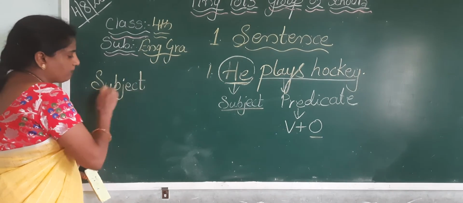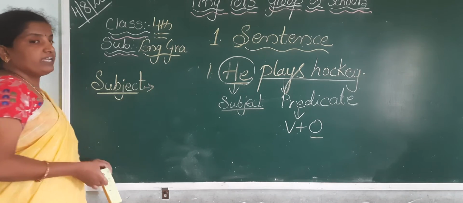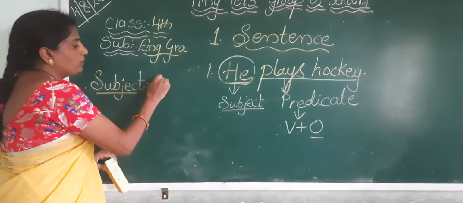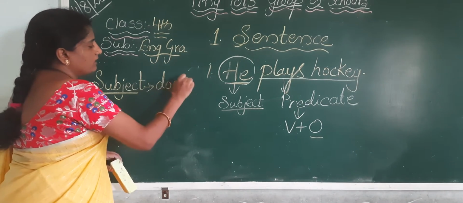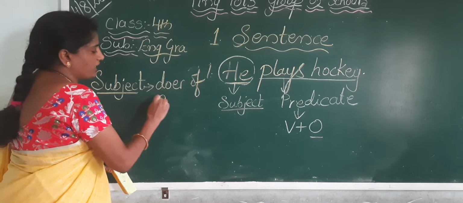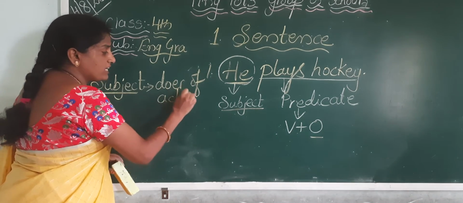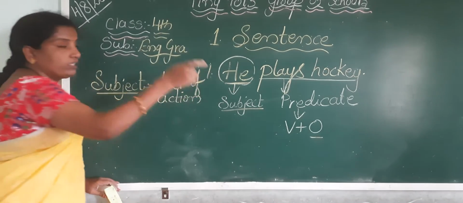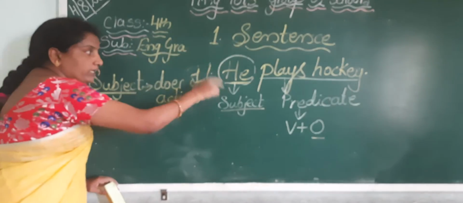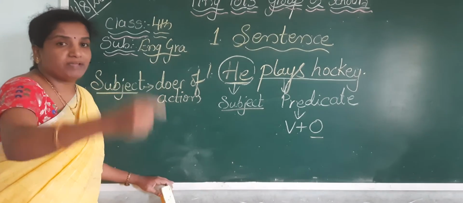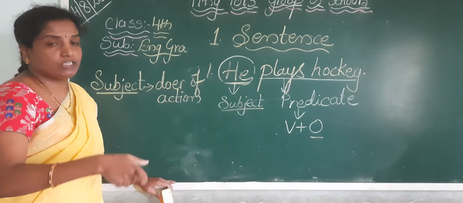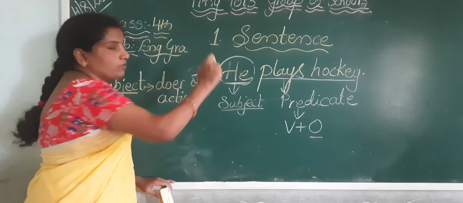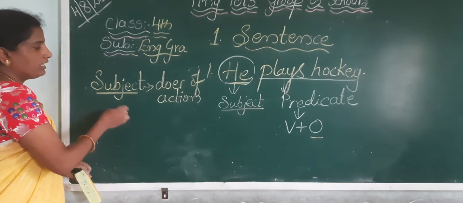As I have explained to you, the subject is nothing but the doer of the action. The person or the important part who is performing the action in a sentence is known as the subject.